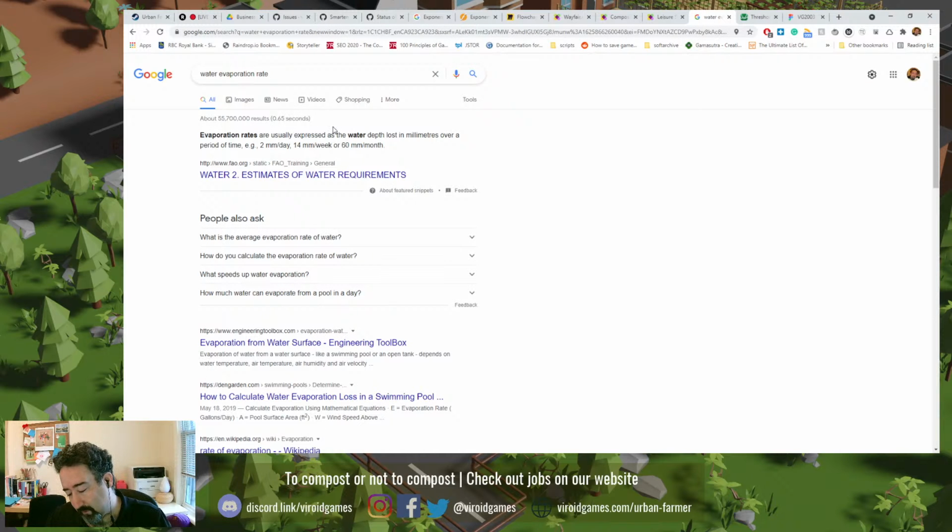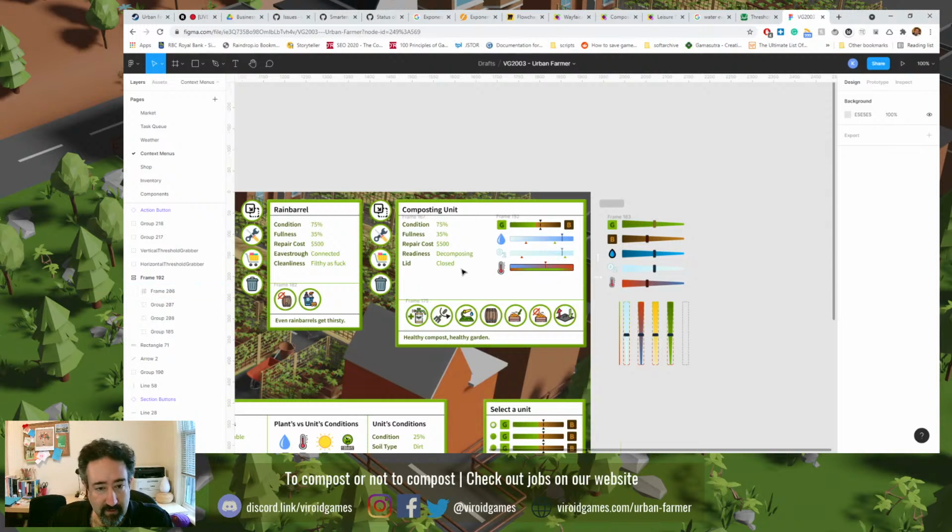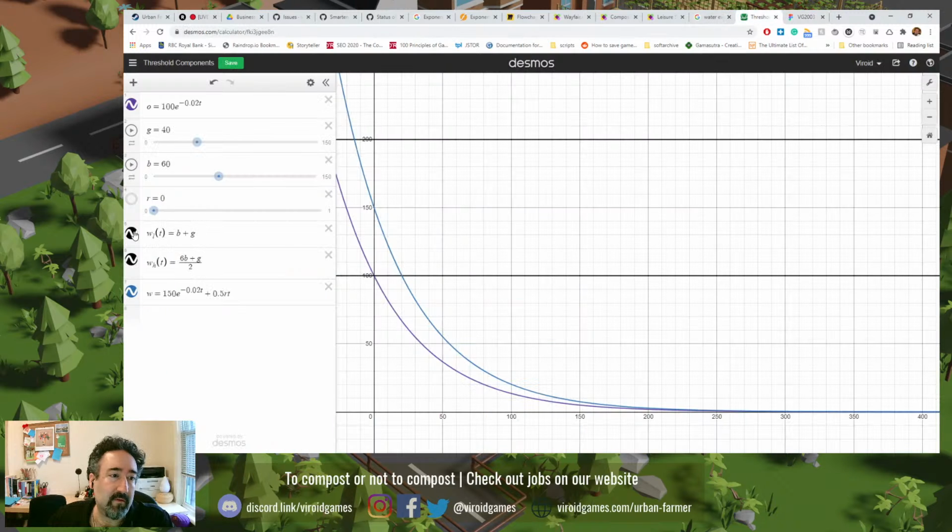And also I know that it depends on temperature as well, which we'll take into account soon. So this equation will get even more crazy. And also will include this factor, whether the lid is closed or not. Okay?